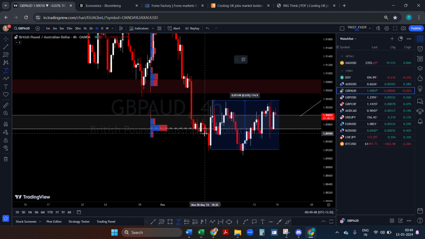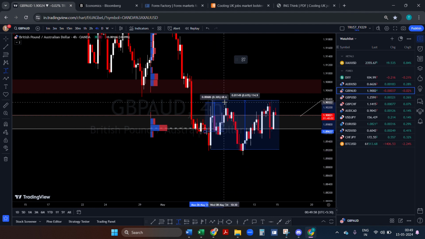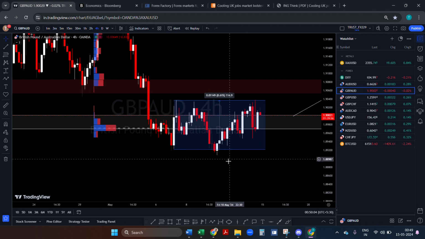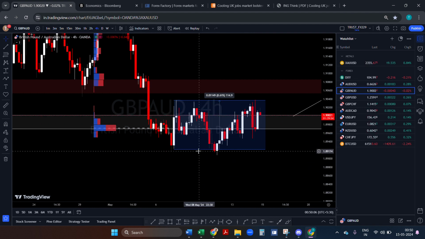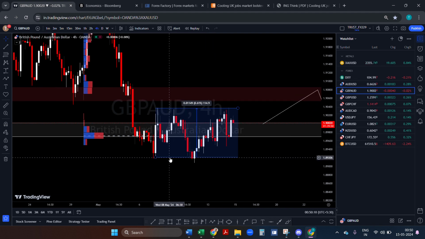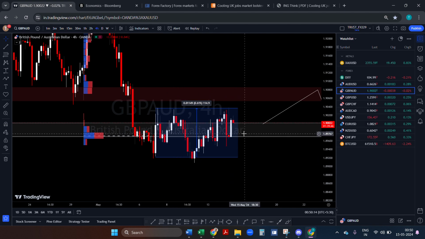We got some 40 pips of floating profit, but price took our SL for 50 pips on this level. The fundamentals didn't support our narrative, and price kept consolidating till date.